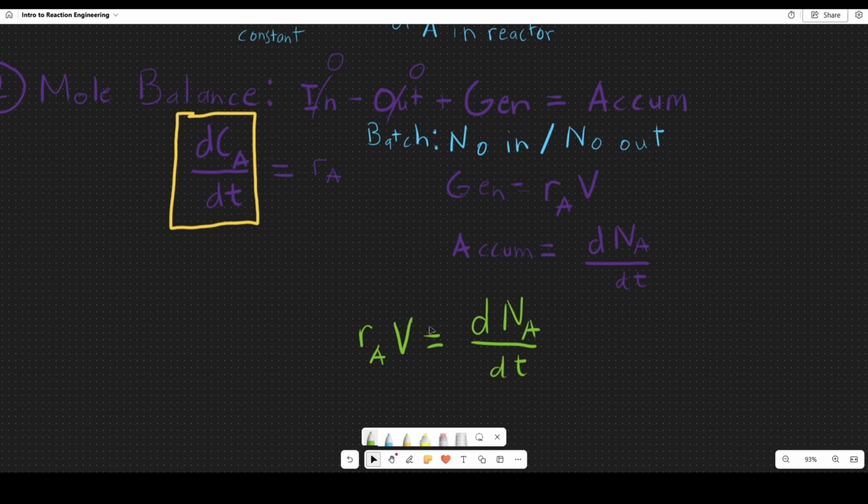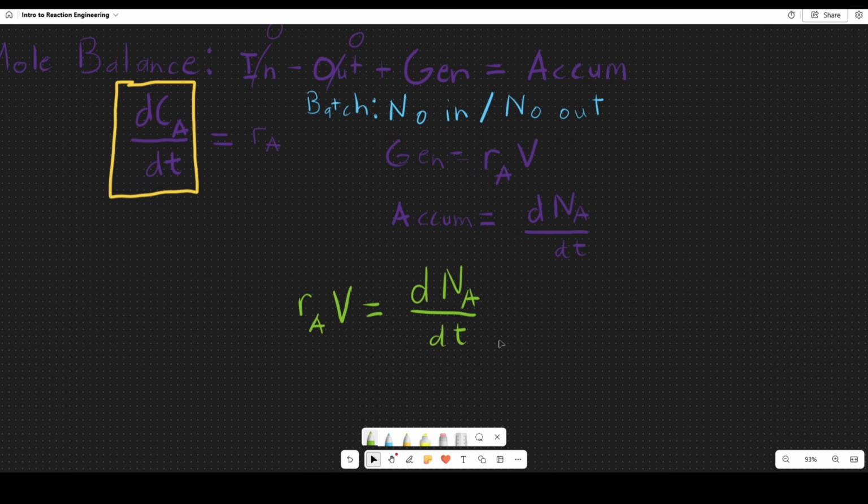All right, perfect. So one thing that's really important to note here is the definition of concentration. So what is concentration? Concentration is the amount of moles that we have of A divided by the volume. So if we take this, we can easily convert this differential into dCA by dt simply by dividing both sides by volume.